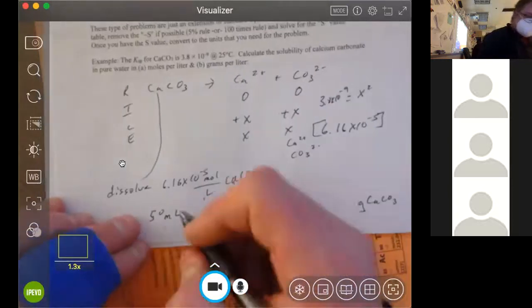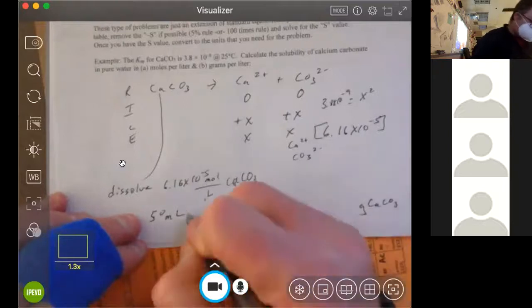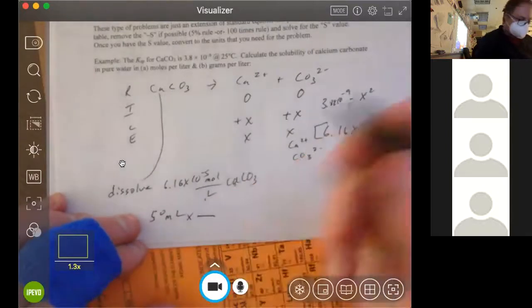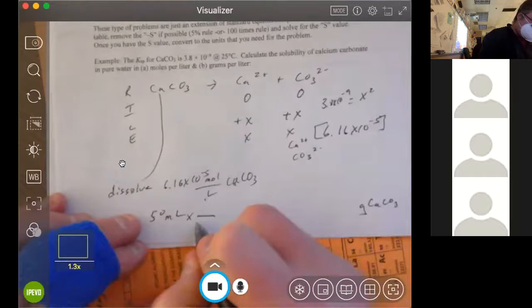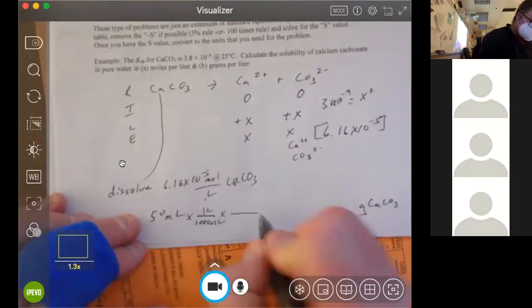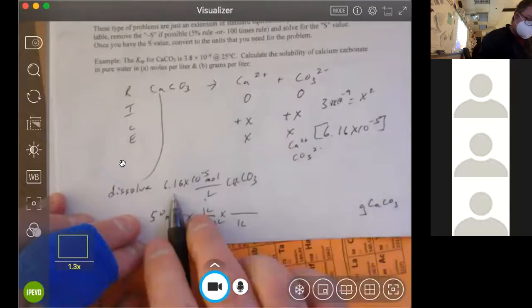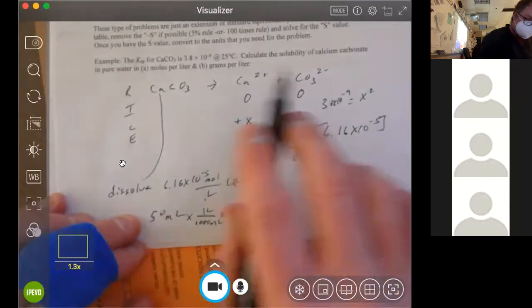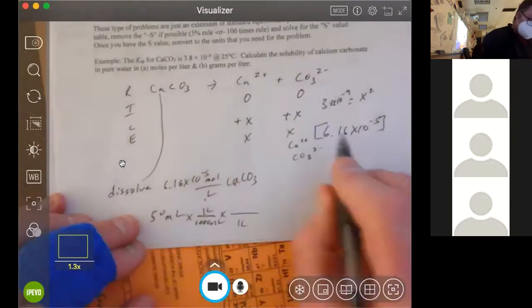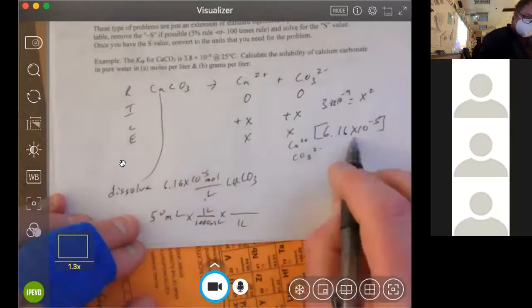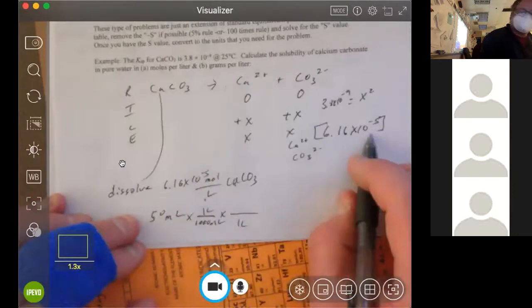So all we're doing here is using our old stoichiometry, our old dimensional analysis again. Every 1,000 milliliters is 1 liter. From that, remember, all of these are the same. They're all 6.16 times 10 to the negative fifth moles per liter.